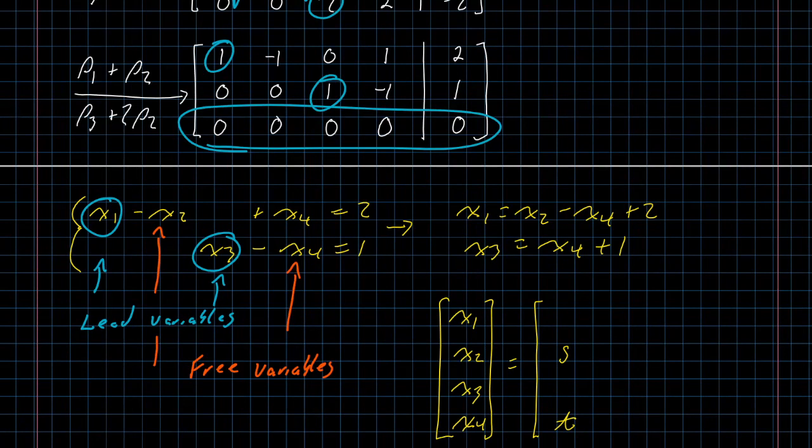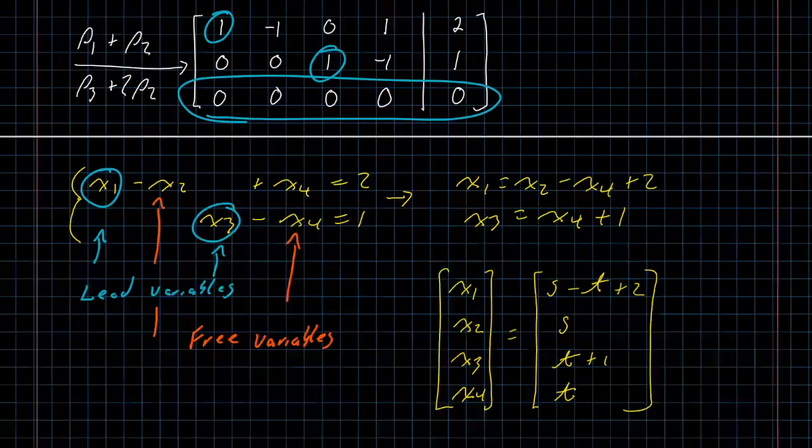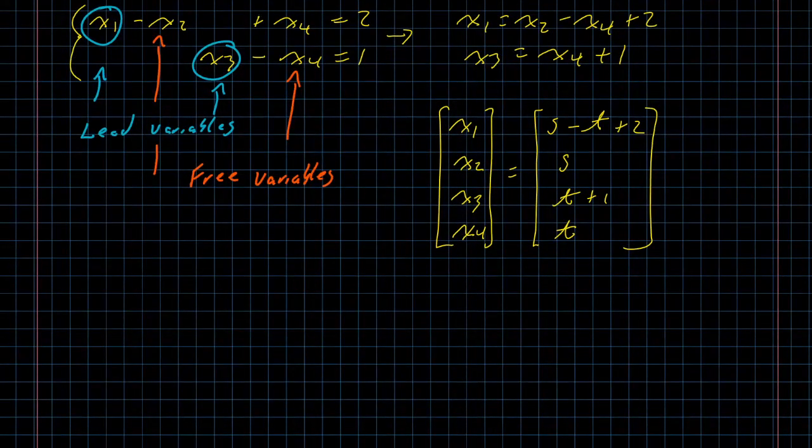x1 had x2, which is now s, minus t plus 2. And x3 had x4, which is now t plus 1. All right, and there is our solution. Pick any real number s, pick any real number t, plug those things in, and we have our solution.